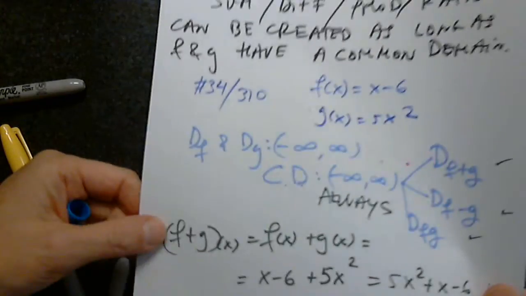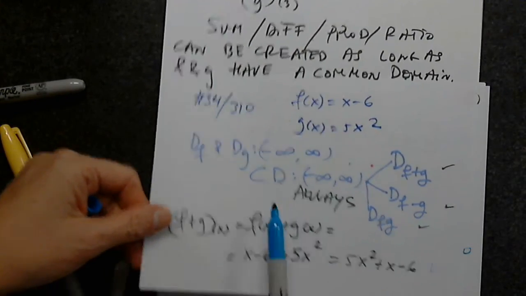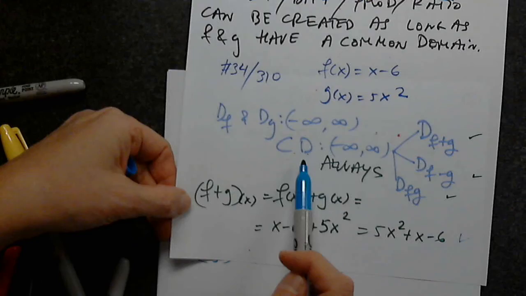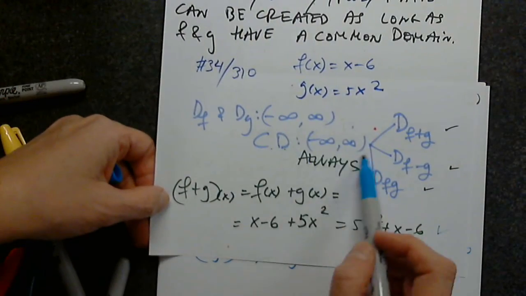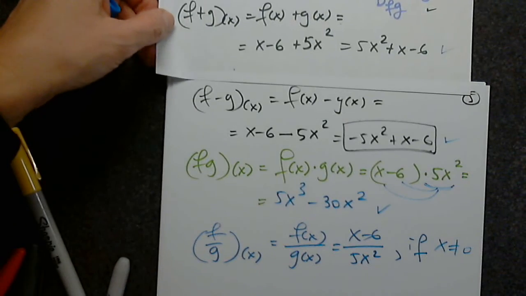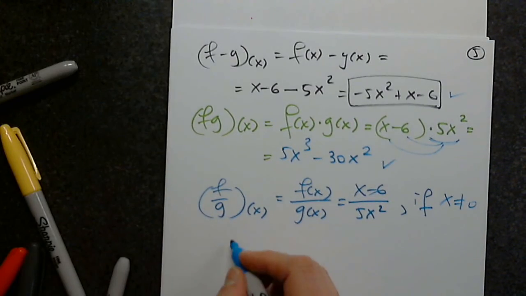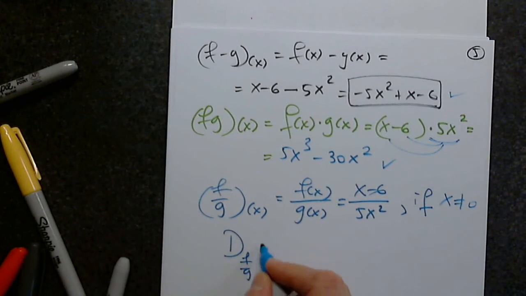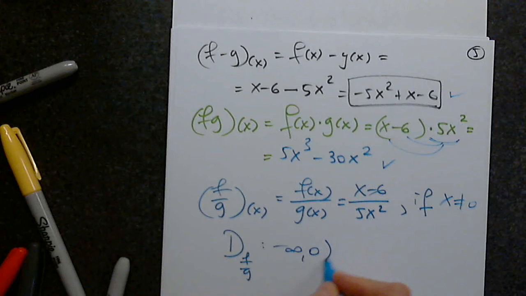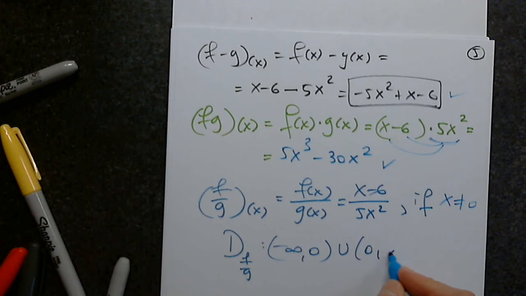So now, is it clear why the domain of this function cannot be the common domain? From the common domain, I have to exclude this one. So what will be the domain of the ratio, please? Excellent. Great job.